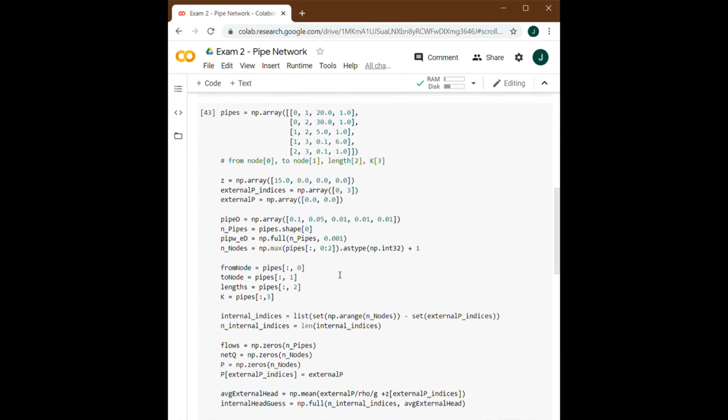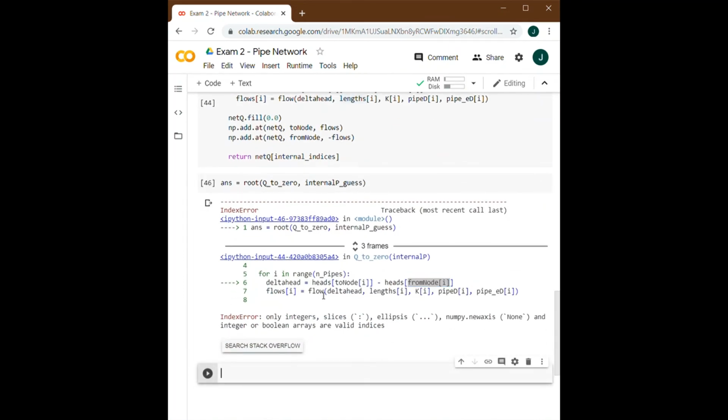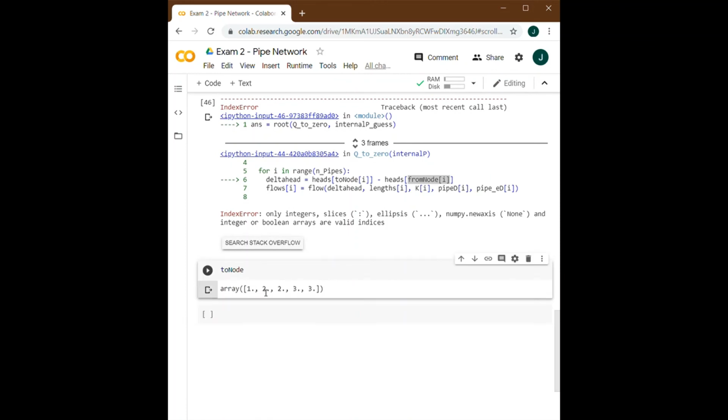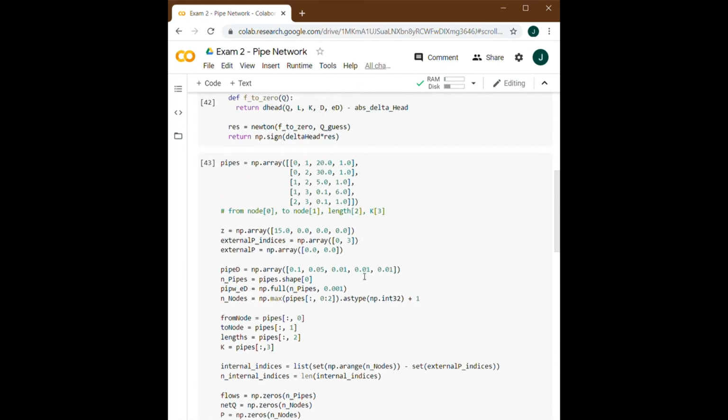So going here, we're going to run to node just to take a look at what our array looks like. You can see here, this decimal tells us that this is not an integer. Instead, these numbers are probably doubles. So we're going to have to go up here and convert all of them to integers.